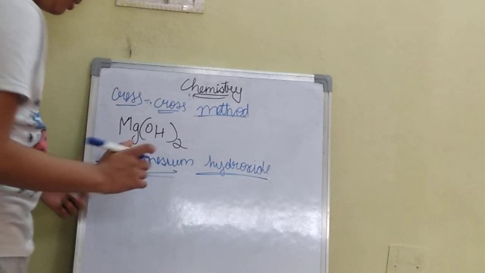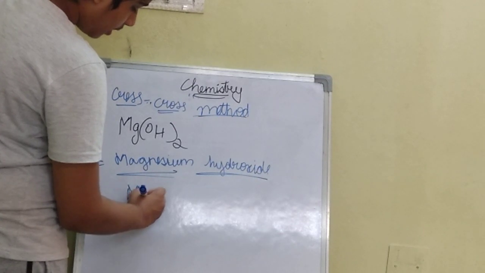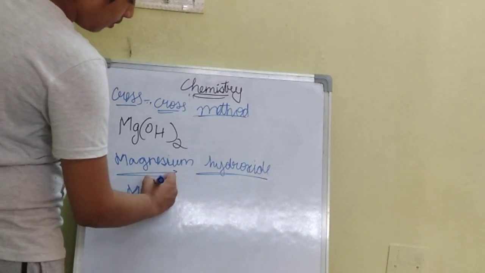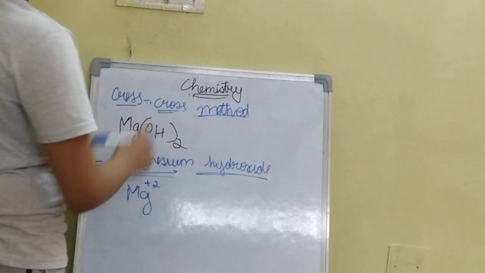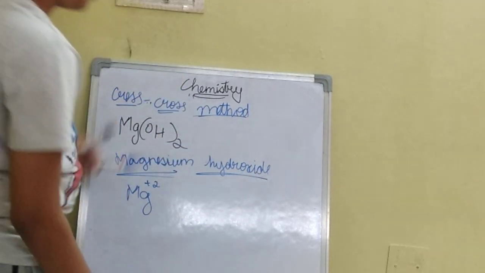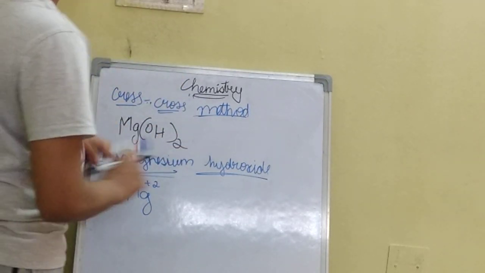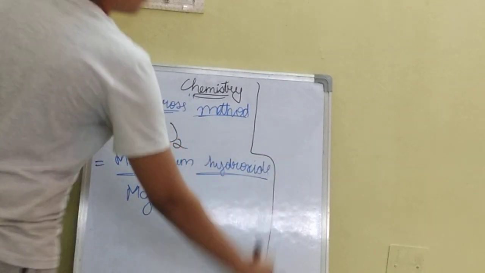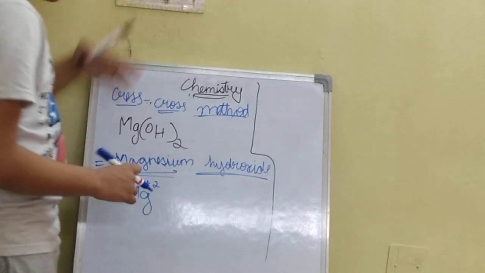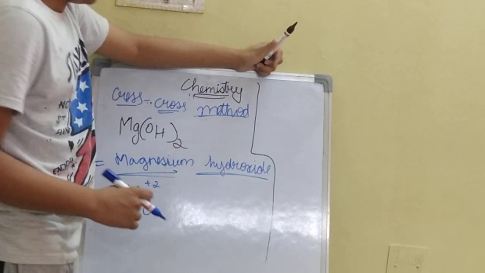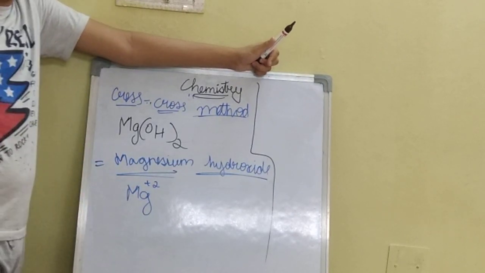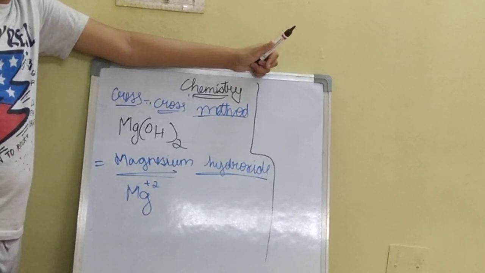Magnesium, just now I told you. To make it stable, what will it give? Plus 2, loss of electron. Hydroxide, it will come in higher studies. I'll tell you later.